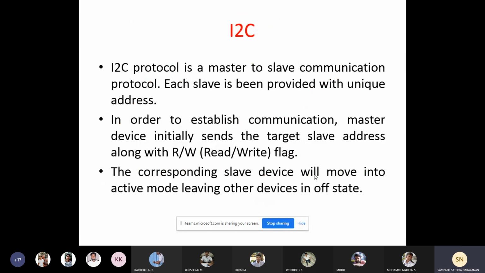I2C is based on master-slave communication. Each slave device will be provided with a unique address. I2C communication can be established only when the master device sends a target slave address.